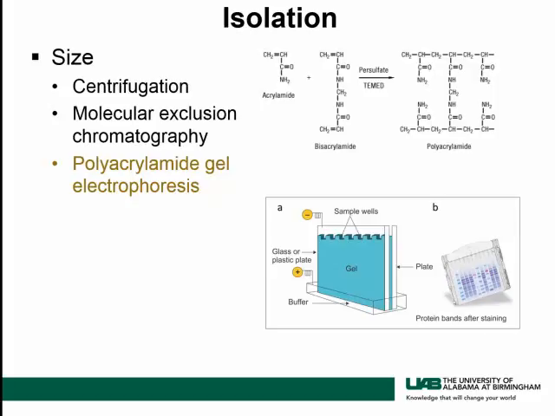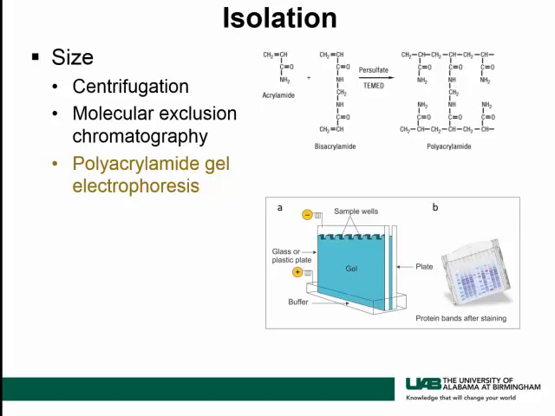If you use a denaturing agent such as SDS, or sodium dodecyl sulfate, the SDS is going to denature every protein completely, so that you linearize these proteins, and not only linearize them, but you attach the SDS molecule to the protein so that the protein is now negatively charged.